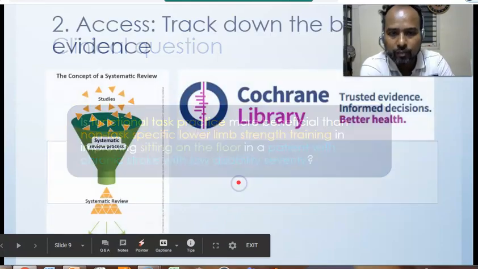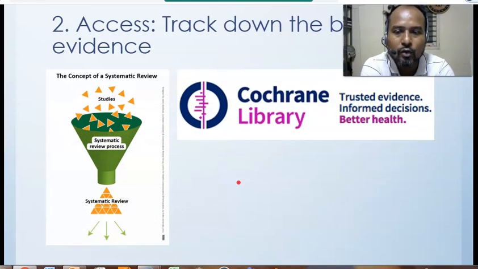In the second step, we need to track down the best evidence, right? So remember, the keyword is tracking down the best evidence, not any evidence or any research. For the question we have, which is about the effectiveness of a treatment, the best evidence is systematic reviews of randomized controlled trials which evaluated the effectiveness of an intervention, in this case specifically for sit to stand.